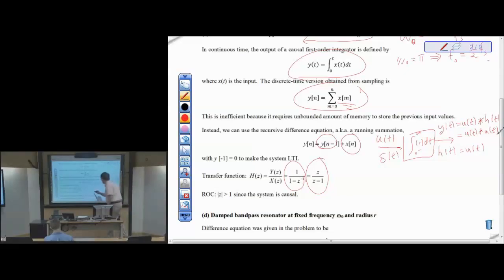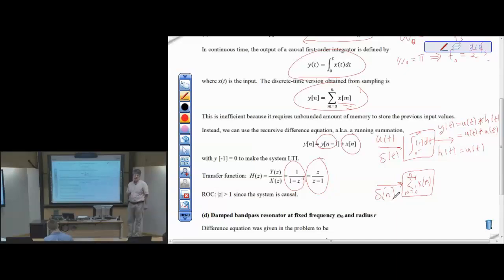Discrete time. What's my impulse? Which one do I use? Remember what it's called? It's called the discrete time impulse, or the Kronecker delta. But what does it look like? At the origin, what's the amplitude? 1.